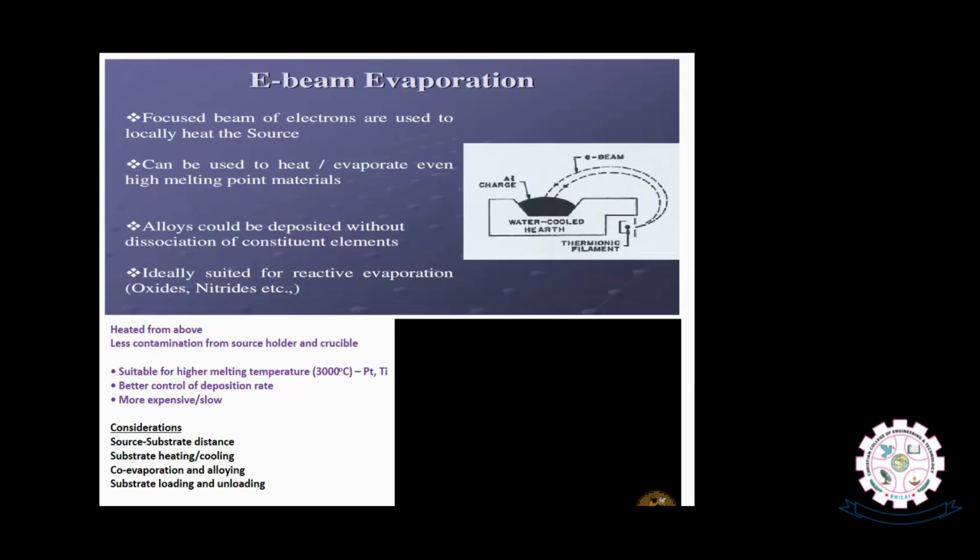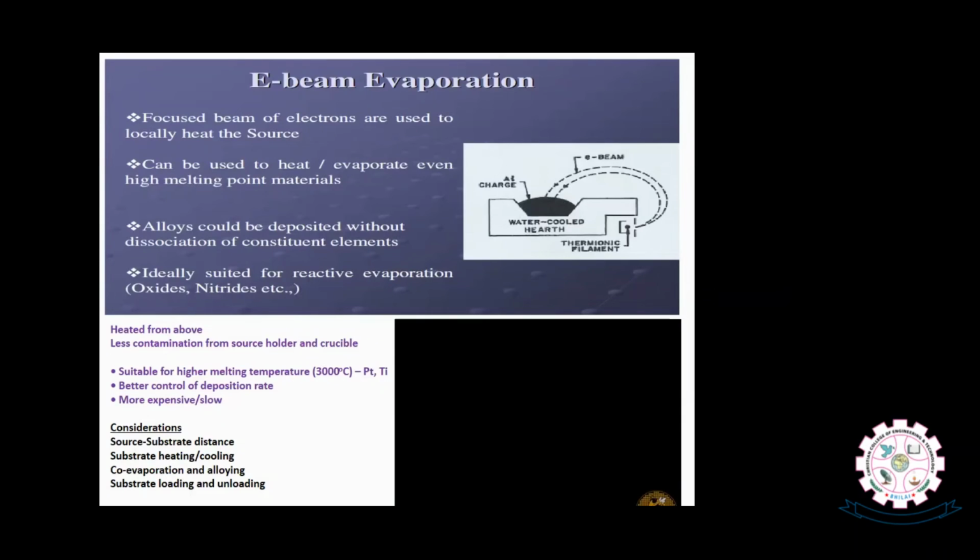Suppose I want to deposit high melting point materials, in that case thermal evaporation is not possible, because once the filament is used for deposition of one kind of material, it cannot be used for another. And if I want to use alloys like iron platinum or nickel chromium, it's not possible to use thermal evaporation.